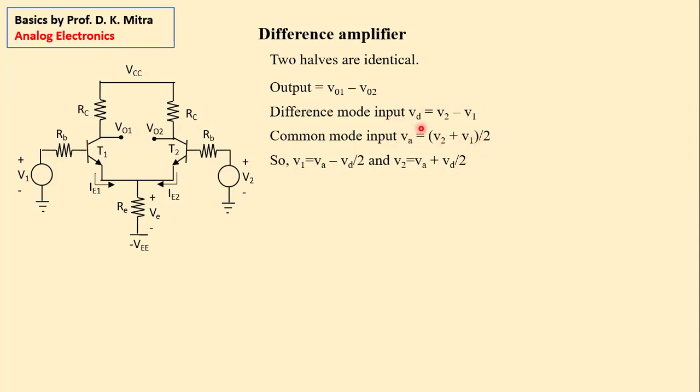If you agree to these definitions, then from these two you find that V1 is equal to VA minus VD by 2, and V2 is equal to VA plus VD by 2. So these are the three basic equations, derived equations, which you need to understand the performance of this difference amplifier.